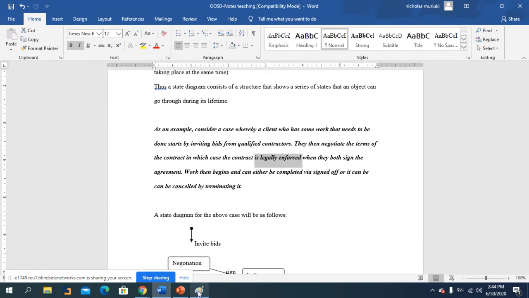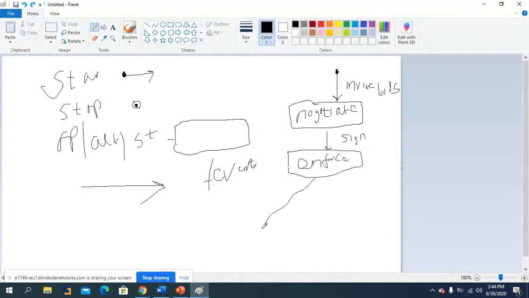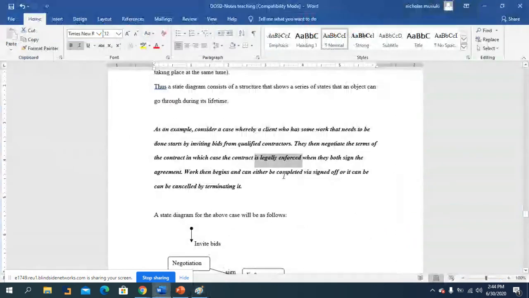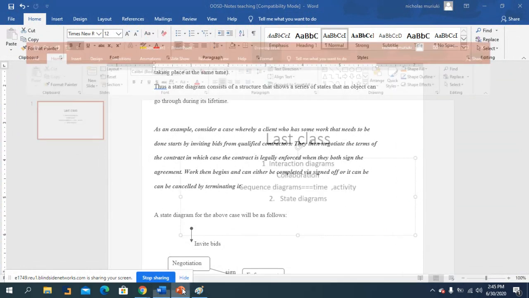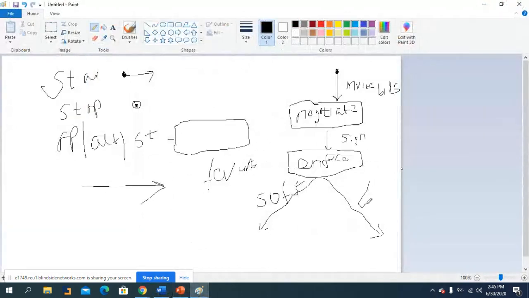So in this case, we have two operations. One is sign off, and the other is terminating.